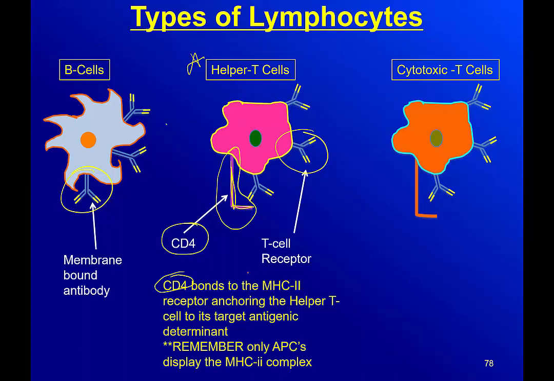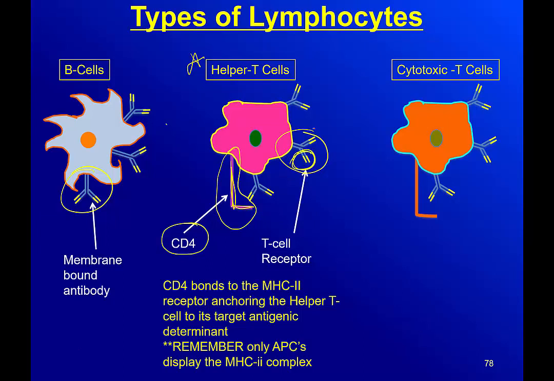That's why the helper T cells are able to recognize and react to MHC-II displaying something on its surface. So MHC-II helps to anchor the helper T cell to its target antigenic determinant. Remember, I only recognize one thing.